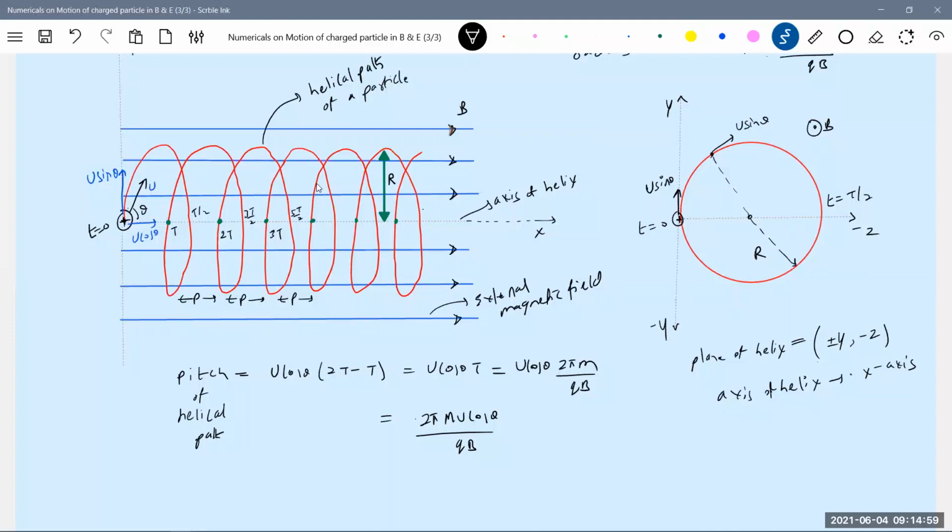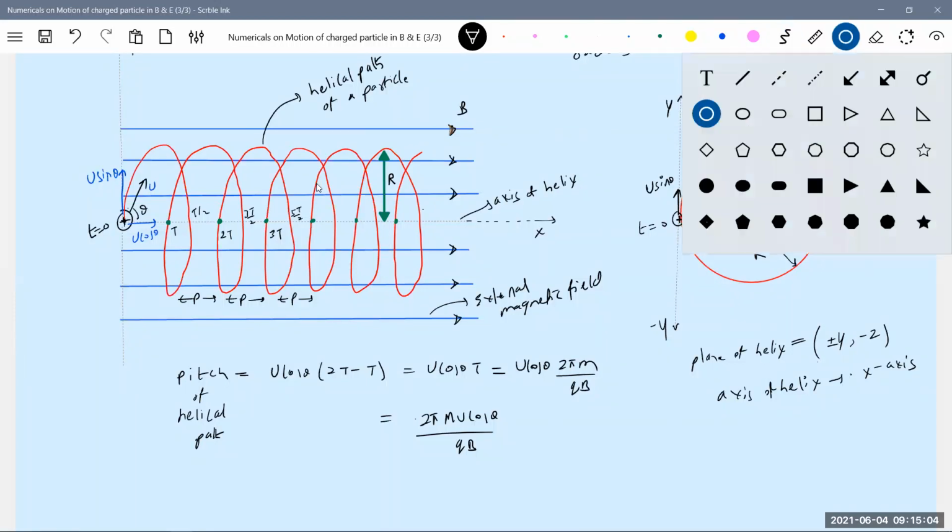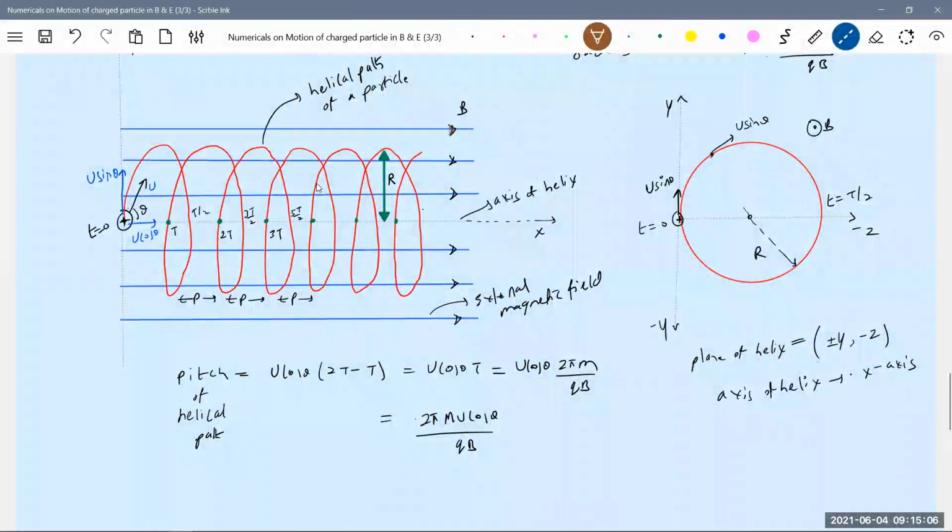Here it will make an angle. Now, this will become the y coordinate. This distance will become the radius r. This will become y, comma minus z. This distance will be minus z.